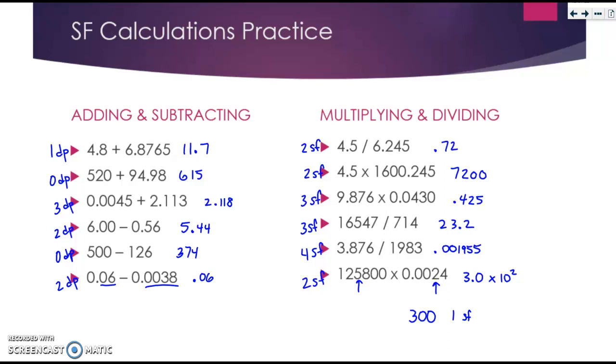Sometimes we can remedy the problems by just putting 300 and adding a decimal. Unfortunately for this one, when we do that, this now becomes 3 sig figs. I only need and can only have 2. So this is an example where I needed to put my number into scientific notation. We're going to do a quick review of that on the next slide.